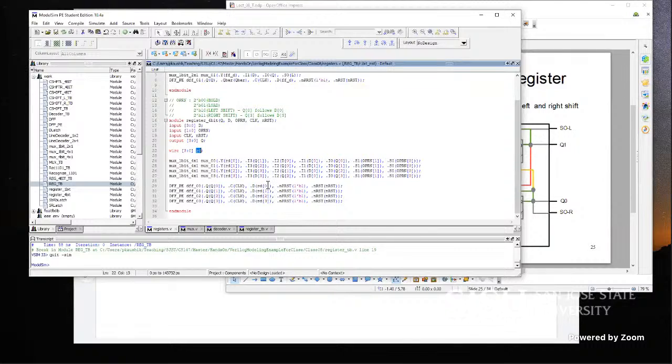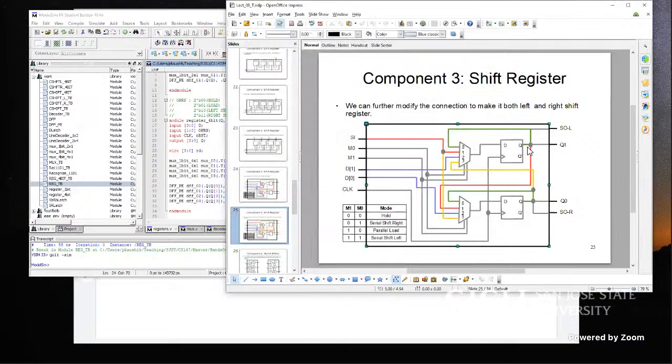See, the multiplexer zero's output goes into the first flip-flop, and then the next one, and then the next one, and so on and so forth. This is whatever is coming out of the multiplexer. The magic lies in the multiplexer connection. You see, if the selection is 0, it is loading itself, the Q0 coming back to itself through this multiplexer.